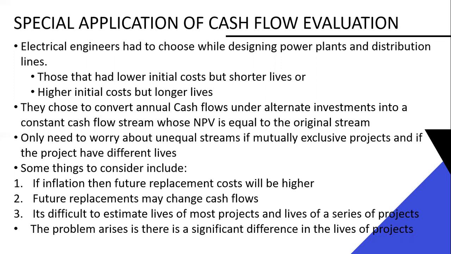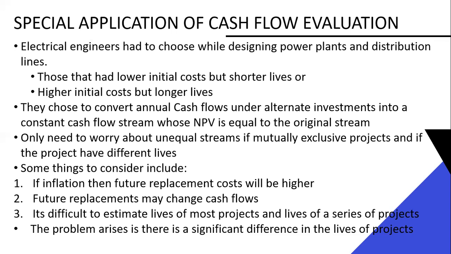A couple of things to remember when you are evaluating mutually exclusive projects. Number one is that there may be inflation, and if there is inflation, then future replacement costs may be higher. Future replacements may change cash flows.